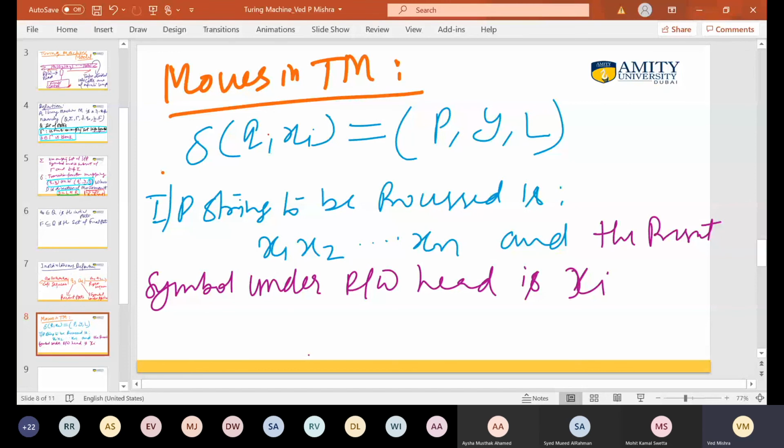You have the full string x1 till xn, and the present symbol under read write head is xi.